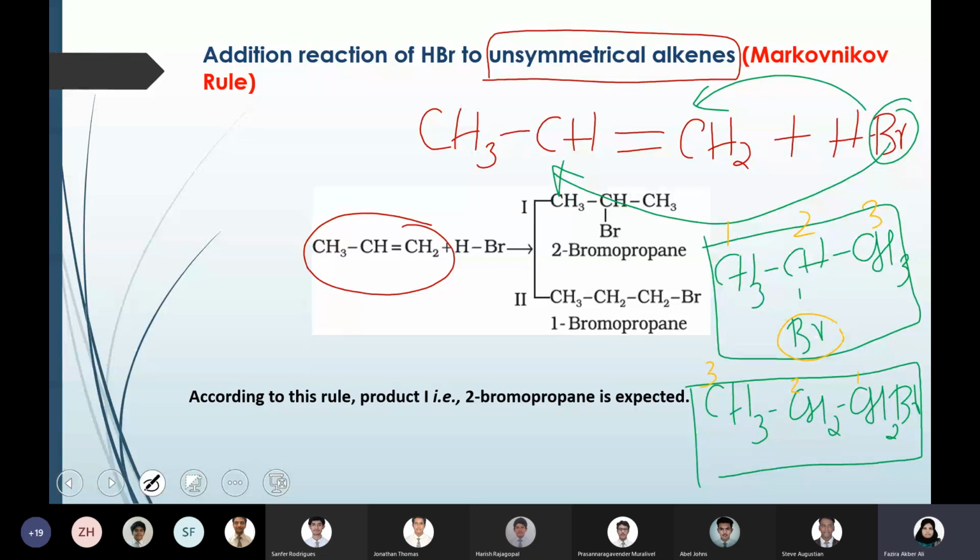So 1-bromopropane. That means when the alkene is unsymmetrical, you will get two different products, because there are two possible ways you can add HBr across the double bond. Am I clear?